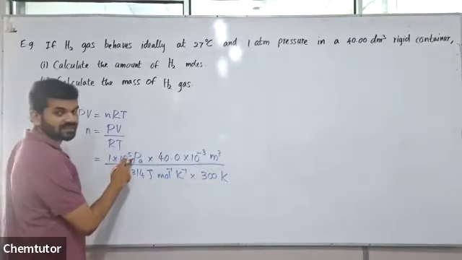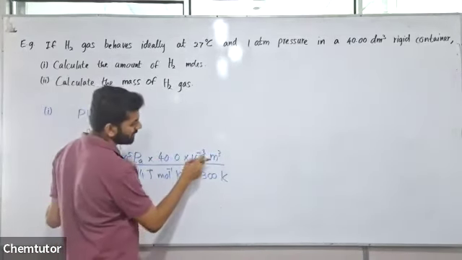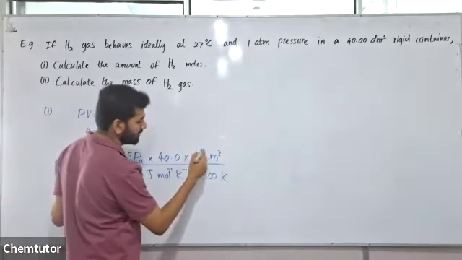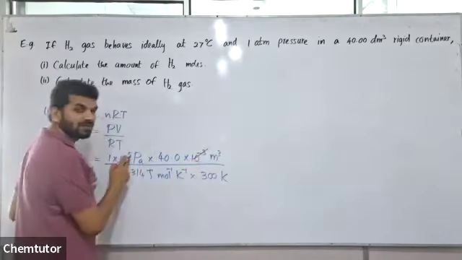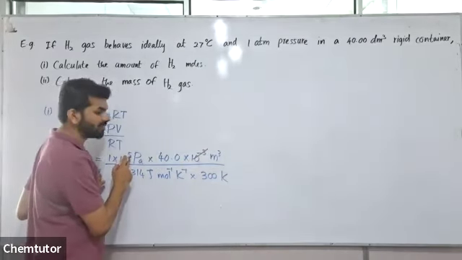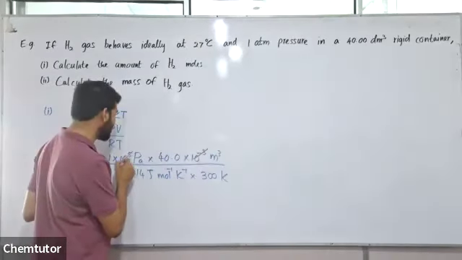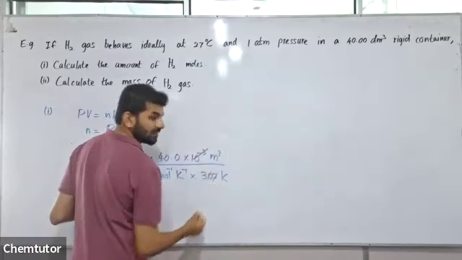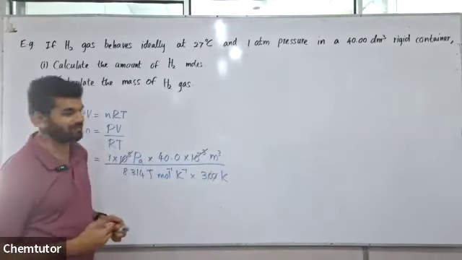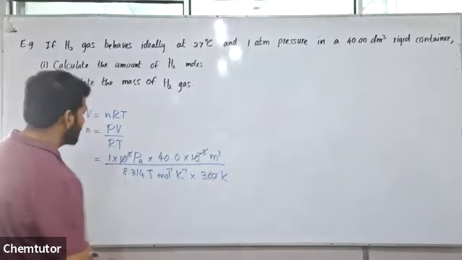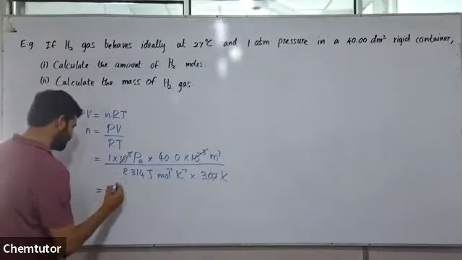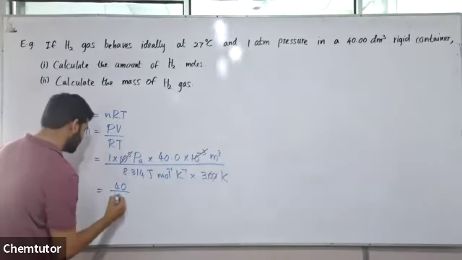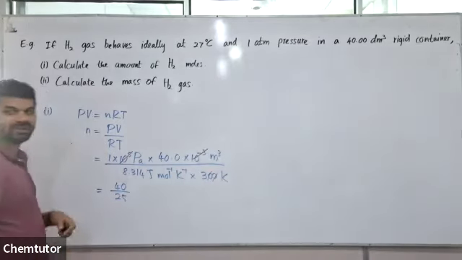10 to the power 5 means 5 zeros. Here 10 to the power minus 3. The 3's will be cancelled off. Then 2 will be remaining. Then those 2 zeros can be cancelled off with these 2 zeros. Then we will have 40 divided by 25.